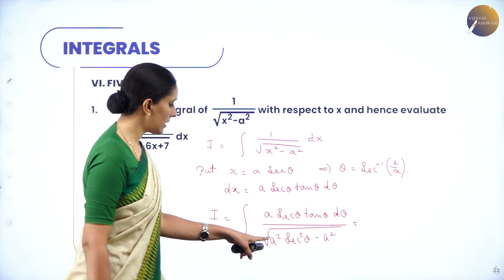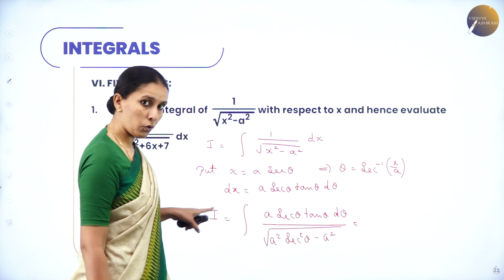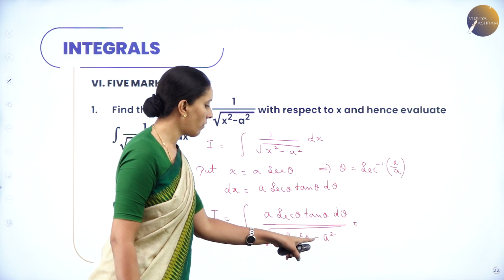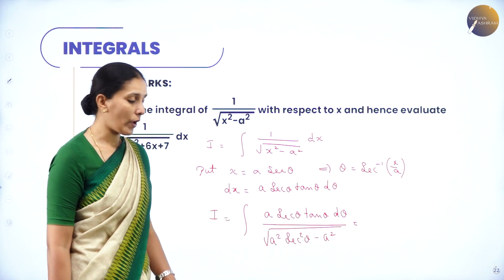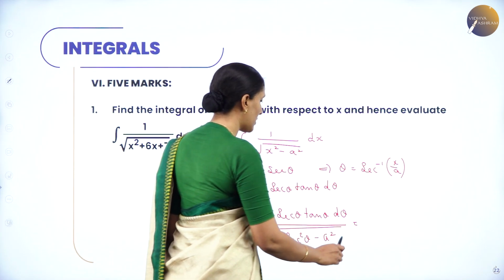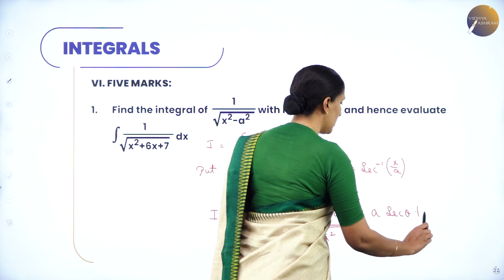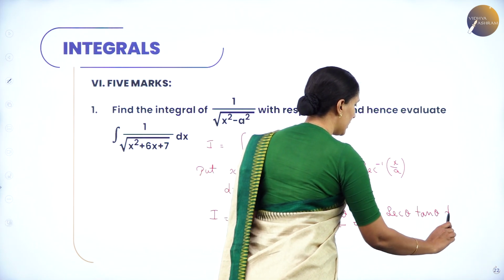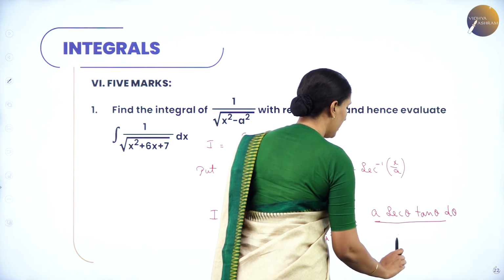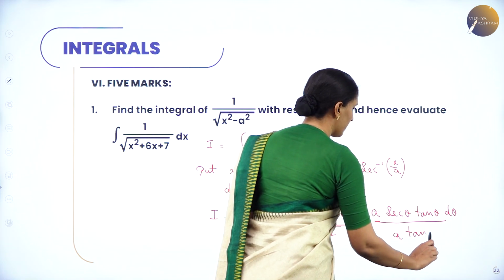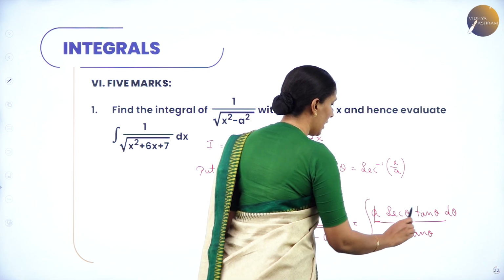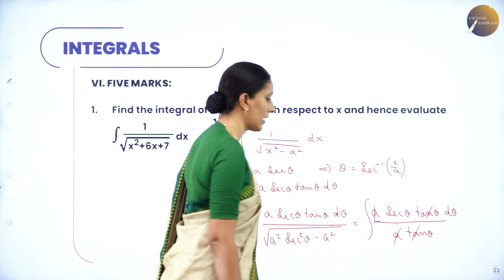When we evaluate here, a square can be taken out of the root, and secant square minus 1 is tan square. Under the square root it becomes tan. So the integral becomes a secant theta tan theta d theta whole divided by a tan theta. Now a tan theta cancels.